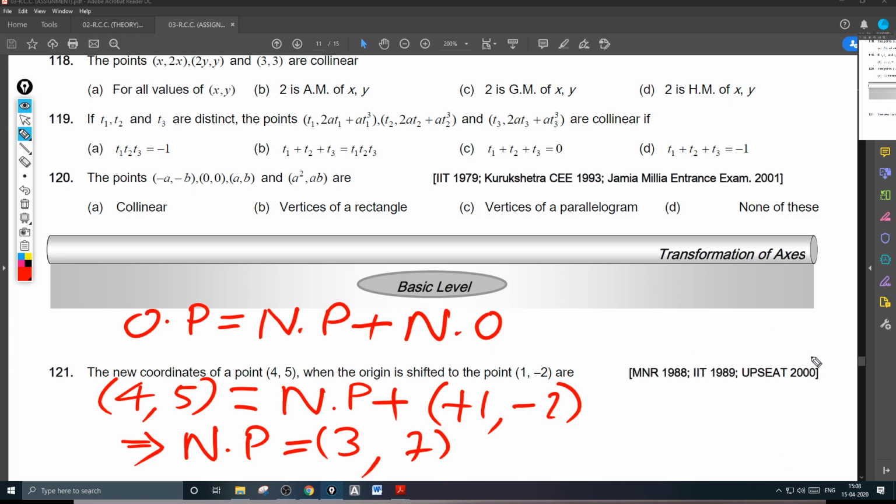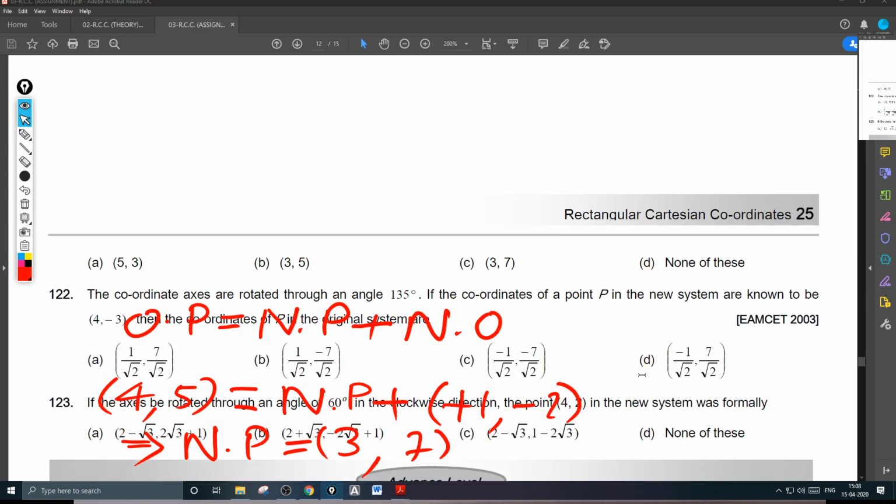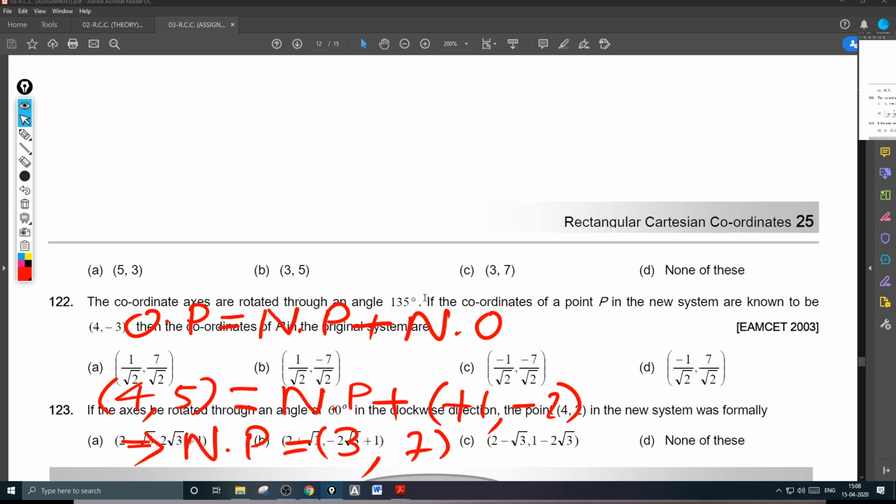Very simple, please. So, your answer must be 3 comma 7, please. This is your answer.